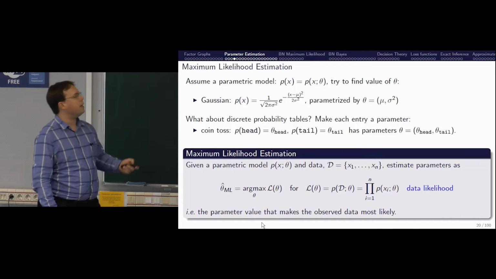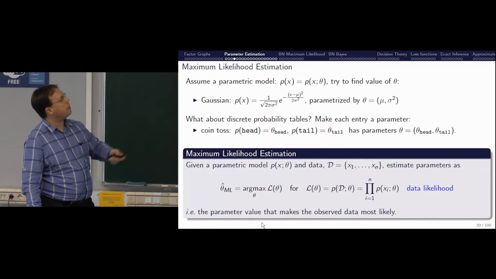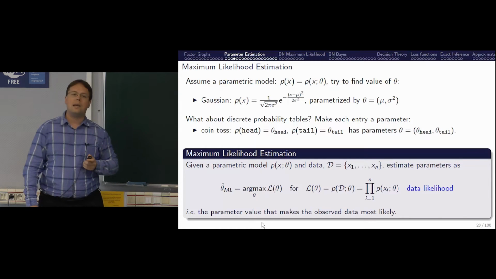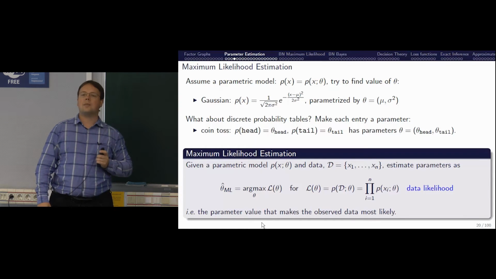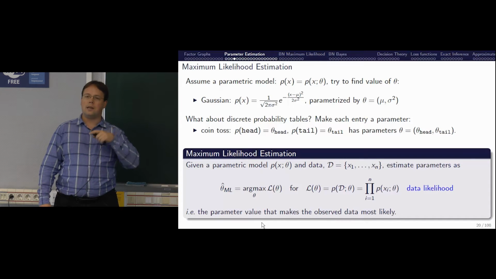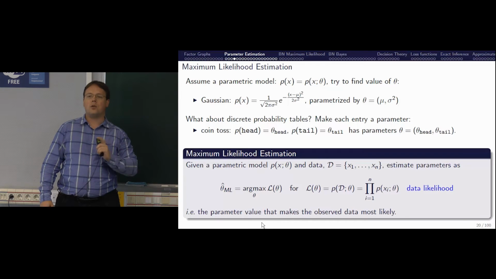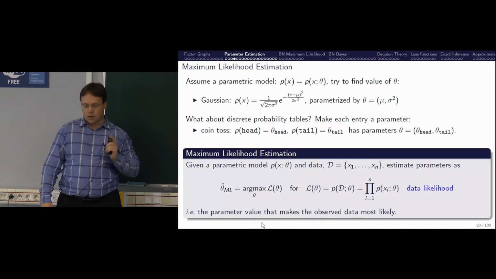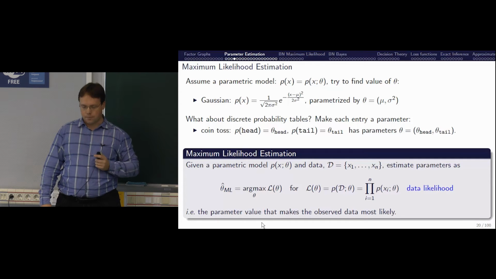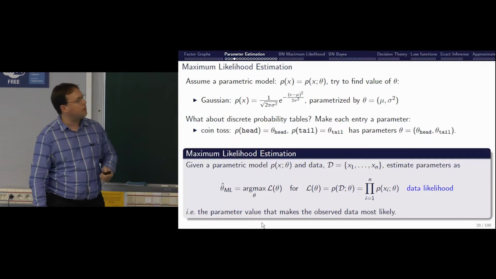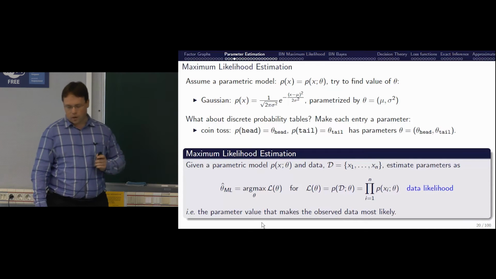So mathematically, that means if your unknown quantity is theta, you define an estimator of theta. We call it the maximum likelihood estimator, so we give it a little index ML. And we define the likelihood of your data. That's the probability of your data under the model which has parameter theta. So I write that as P of D, where D stands for data, with parameter theta.